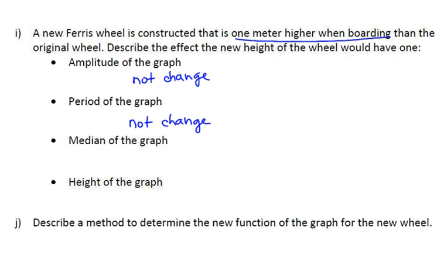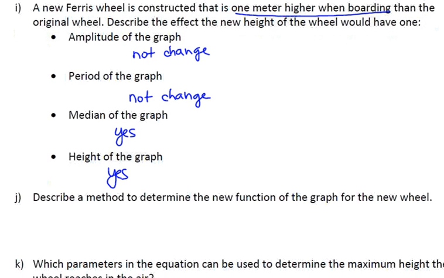If you just move it up, but it's still the same diameter, it would still take the same time. It's not longer, we just moved it up. Okay, how about the median of the line, the middle? Yes, that would change. How about the height of the graph? Yes, that would change. So the median is the D value. That's the one that would change, the D value.